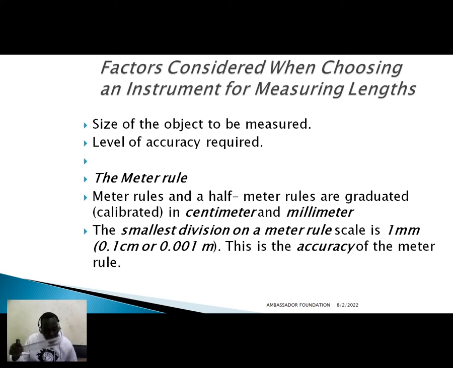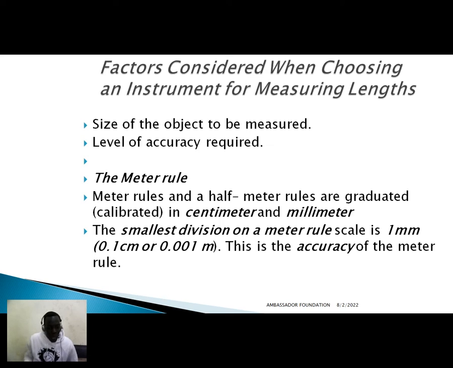The calibrations or the marks made in a meter rule cannot allow you to read less than 1 millimeter. That is, you cannot read 11.5, but you can simply read 11 millimeters, 12 millimeters, 13 millimeters, but you cannot read anything less than a calibration of 1.